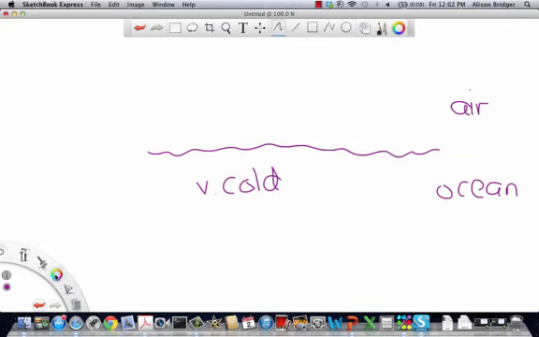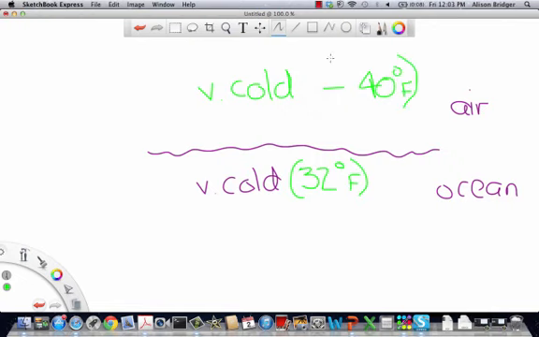So, in the middle of winter, we know that the ocean is cold, but it's only about 32 degrees Fahrenheit. I wouldn't want to swim in it, but it's not that cold. The air is also very cold, and in that case it might be minus 40 degrees Fahrenheit. So what happens when there's such a huge temperature gradient?